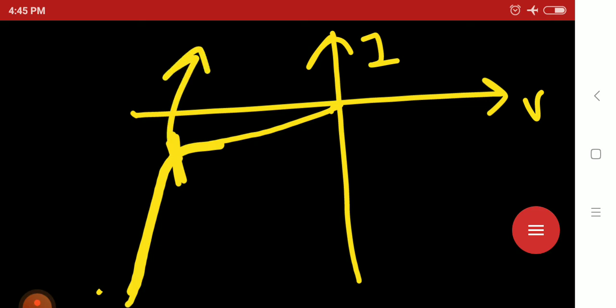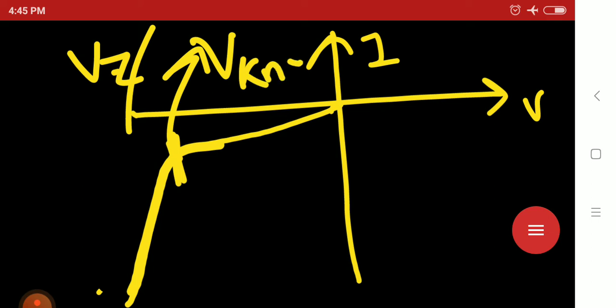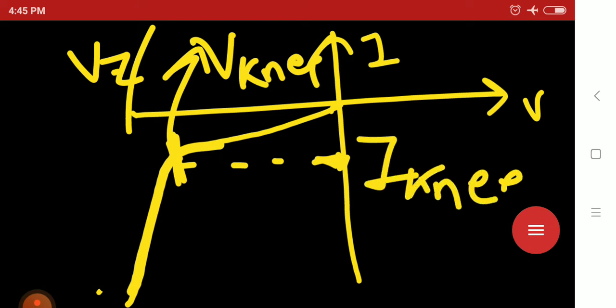This voltage is called VZ, or Zener voltage, or knee voltage, and the current corresponding to this Zener voltage is the knee current, or minimum current, or Zener current.